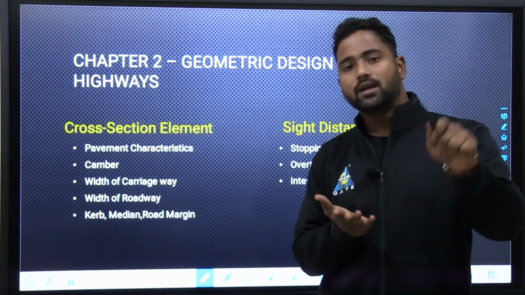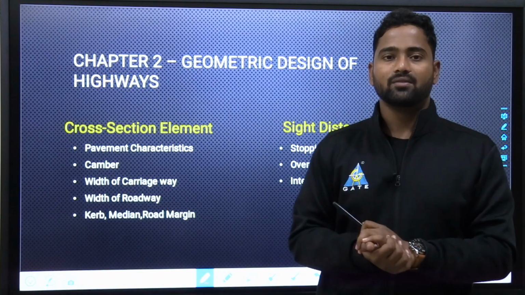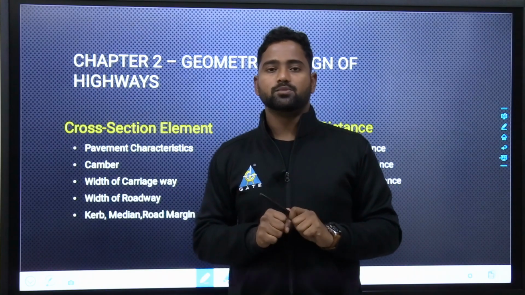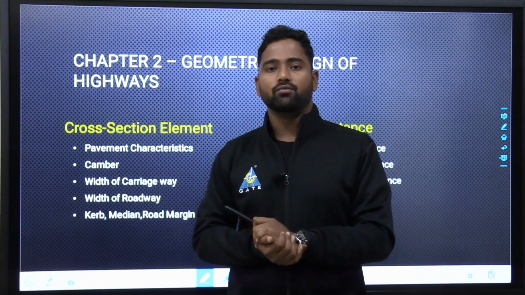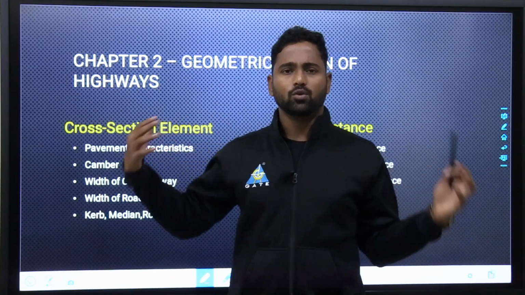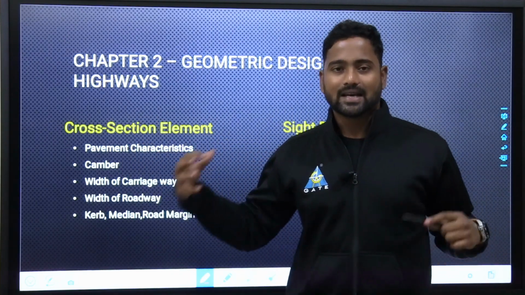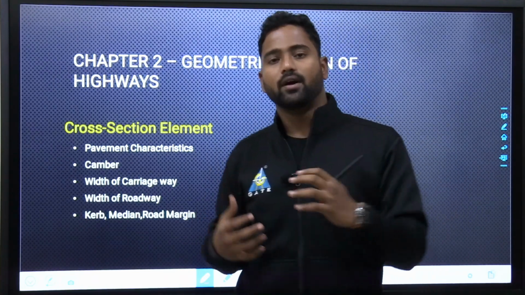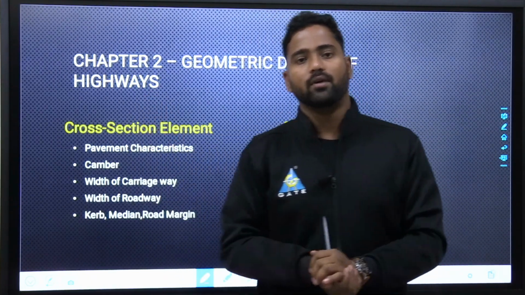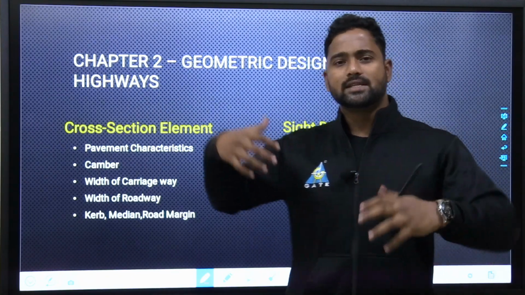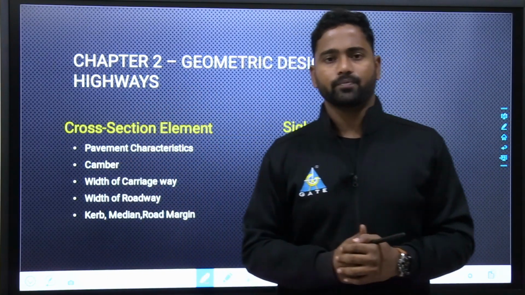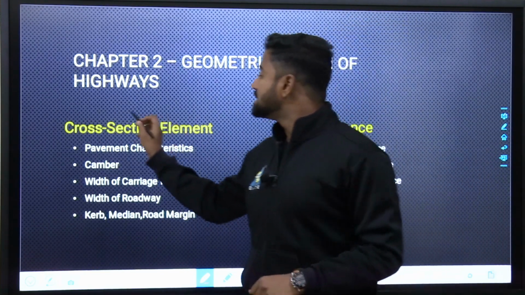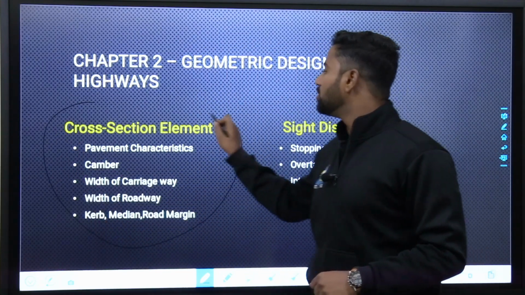So we'll try to maintain what the longitudinal friction is, what the lateral friction is, what the camber is, what the width of the road is, what shoulders are provided, width of the pavement, width of the roadway, width of the carriageway, what is kerb, what are medians, dividers, how much distance the dividers should be present, what should be the width of the dividers, and all those things. What is a single lane road, what is a double lane road, what is skid, what is slip. All those things will be discussed in the cross-section elements of the road.